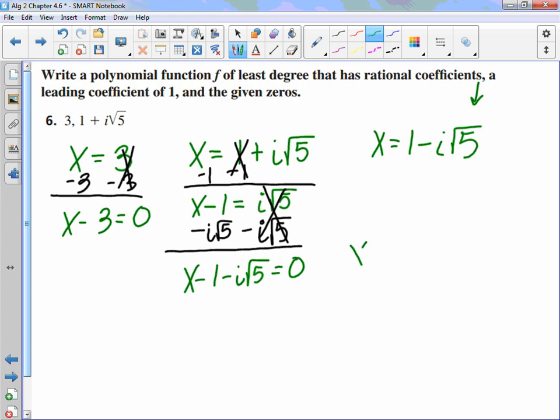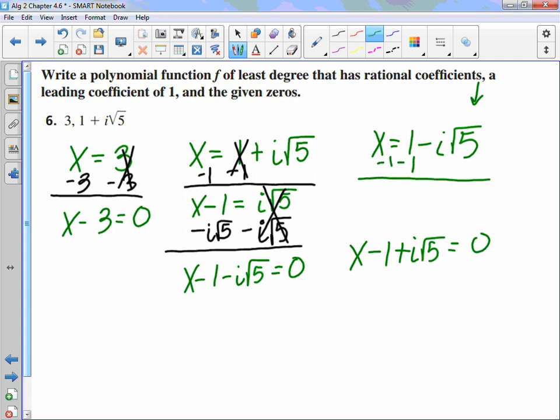And what would this last one be? x minus 1 plus i square root of 5. Because it works out, we have the complex and irrational conjugate.